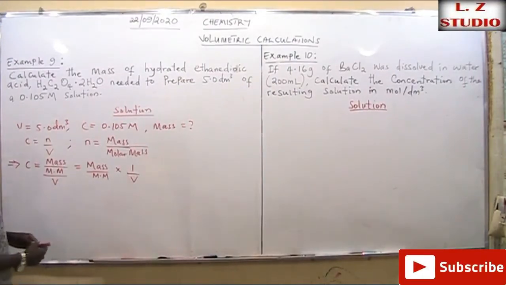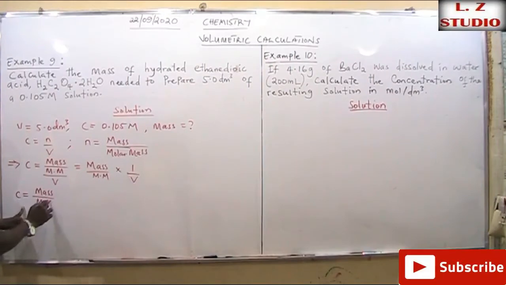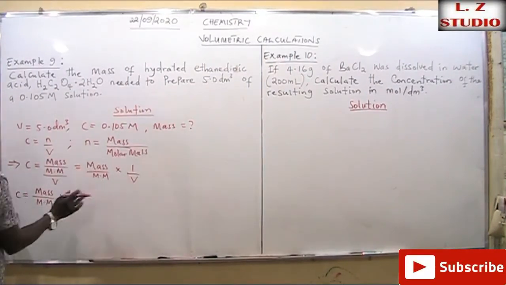Are we together? By taking the multiplicative inverse. So in this case we say C is now equals to mass over molar mass of ethane dioic acid times 1 over V here.